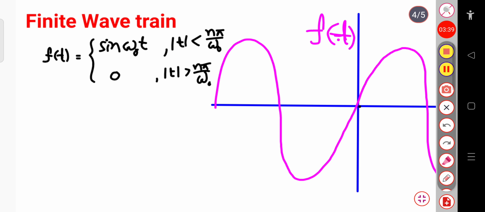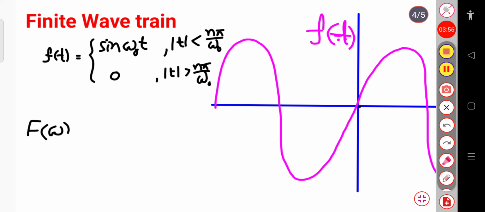Now we can write the Fourier sine transform of this function. Suppose I am converting this into the omega domain. So we can write this as f of omega, the Fourier transform in the omega domain, that is the frequency domain.